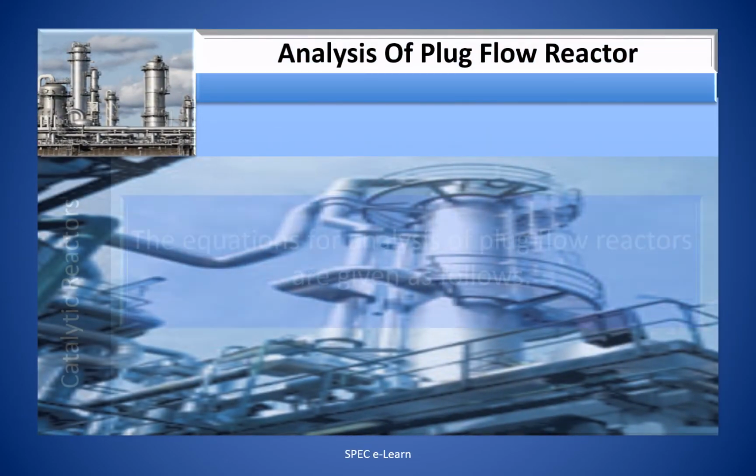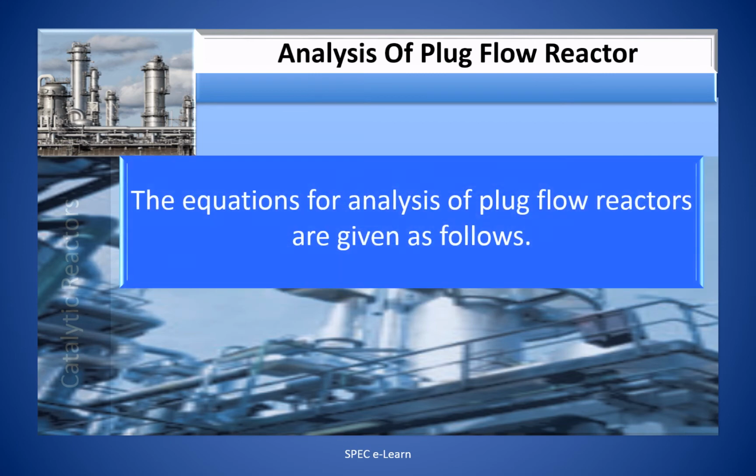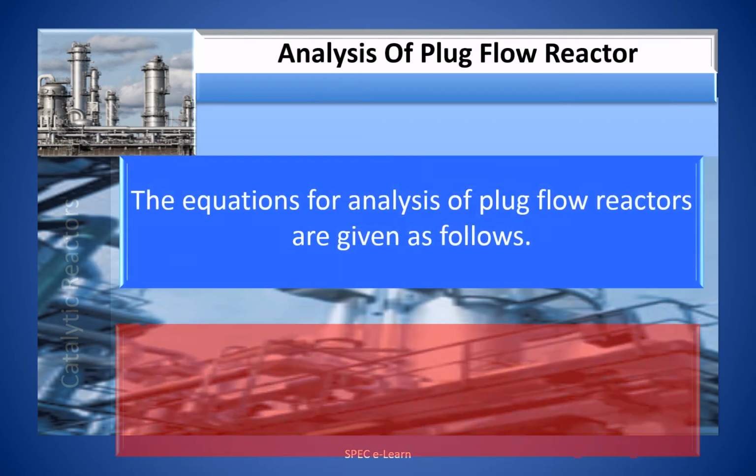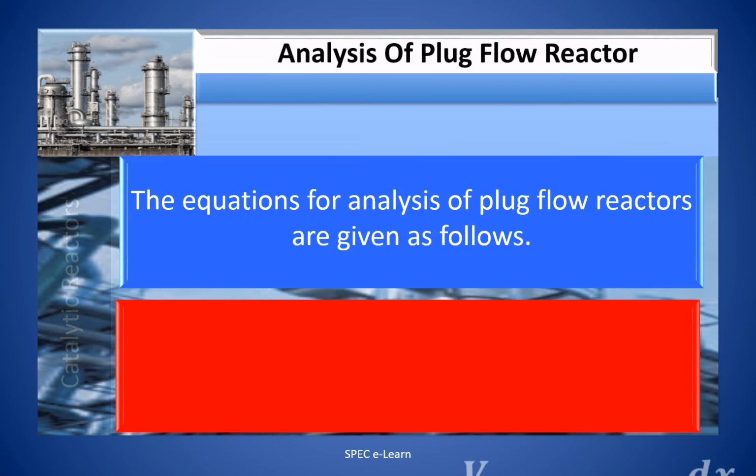Shown here is the equation for analysis of plug flow reactor. Tau is equal to Vr by V, which is equal to Ca naught integral of dx by minus Ra.